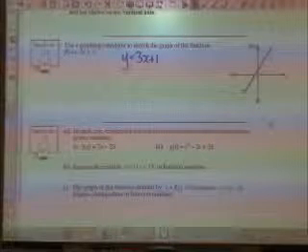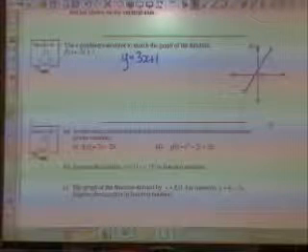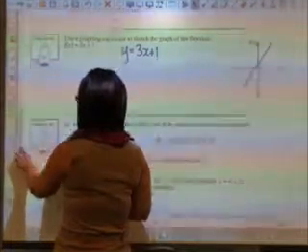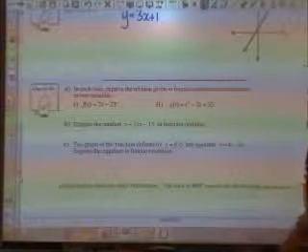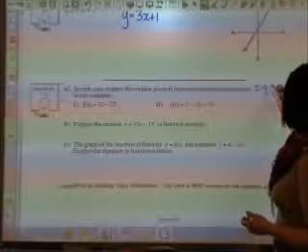If I look at question number 2: in each case, express the relation given in function notation as an equation in 2 variables. If I want to take f of x equals 7x minus 23 and write it as an equation in 2 variables, that means xy notation.